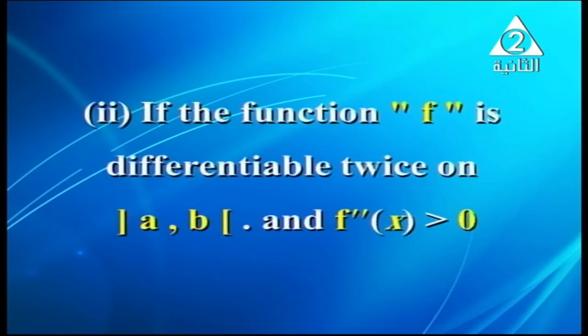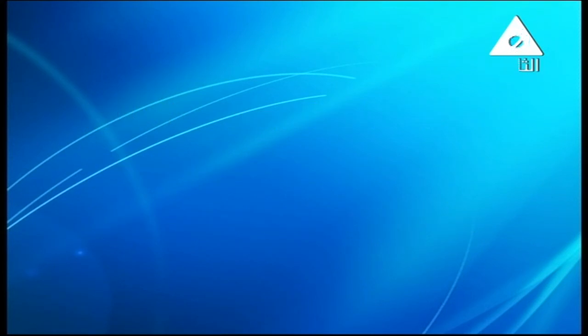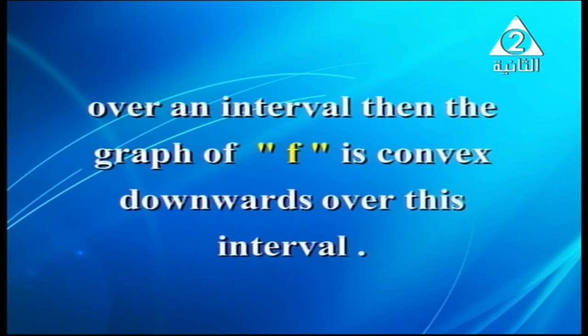Number 2, if f has a second derivative on the open interval ab and f double dash x is more than 0, we deduce that f is convex downwards over this interval.